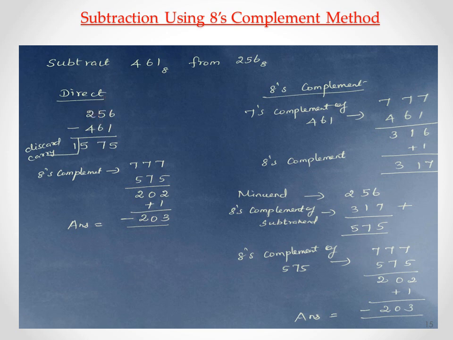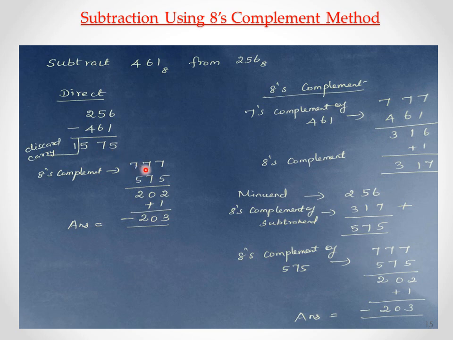Now, this 1 is added with 8. So, 1 plus 8 is equal to 9. Now, 9 minus 4 is equal to 5. And the carry is discarded. When minuend is smaller case, we have to take the 8's complement of the answer with negative sign. So, I am going to take 7's complement first.